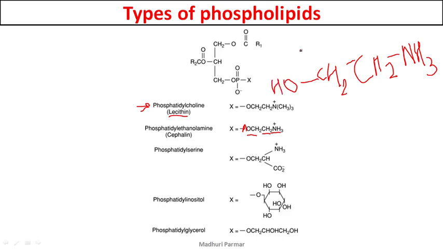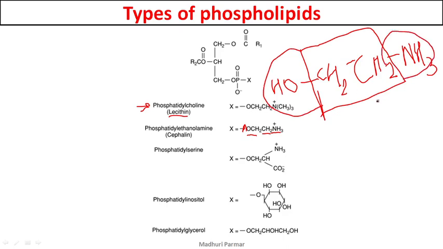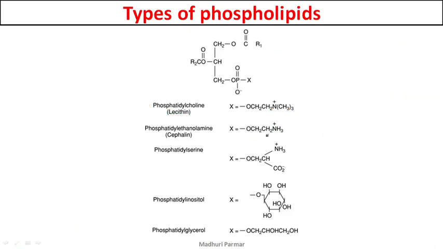Carbon chain length, if you see, there are two carbons, so this is definitely ethane. It has an OH group, so it is ethanol, but it also has an amine group, so you call it ethanolamine. So that is the X group present in phosphatidyl ethanolamine. This is called cephalin.